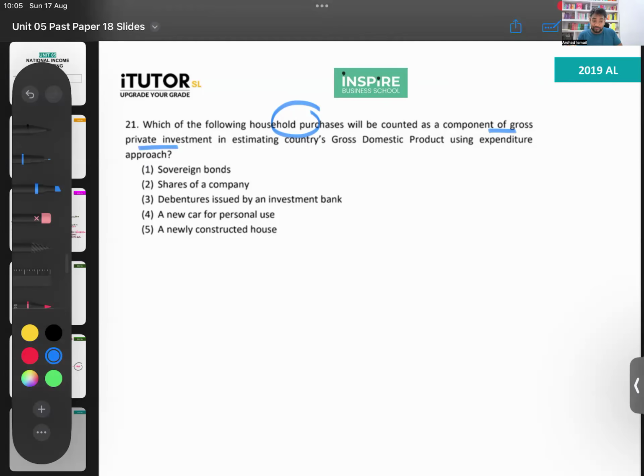What did I tell you? Something that households are spending, but you don't put that under private consumption, you put that under gross capital formation or investment. Which one? Sovereign bonds, shares of companies, debentures, buying a new car, a newly constructed house. Which one? Households do it, but you put it in investment expenditure. Answer number 4. Number 5, the house story. Cars will come under private consumption. The house is what I told you, right?